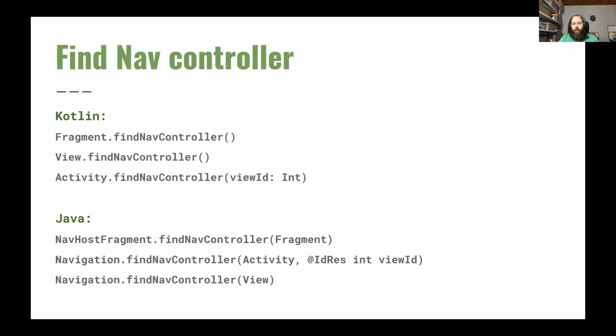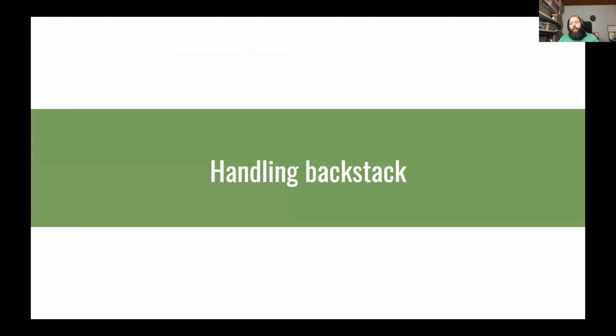To find the navigation controller, we have several ways. Whether you're using Kotlin or Java, it is almost similar, but with some differences. But basically, if you have any activity or view or fragment instance available, you can find your navigation controller.